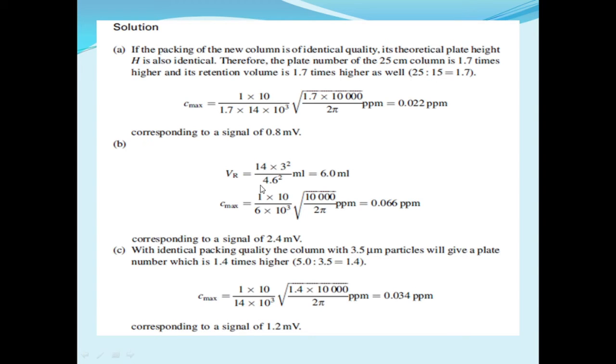Then put this Vr value in the C max formula. Here 6 into 10 raised to 3, all else is the same, in ppm. The answer is 0.066 ppm. This 4.6 is the internal diameter, already given in the problem, and the 3 square is the inner diameter. These are also given in the problem.